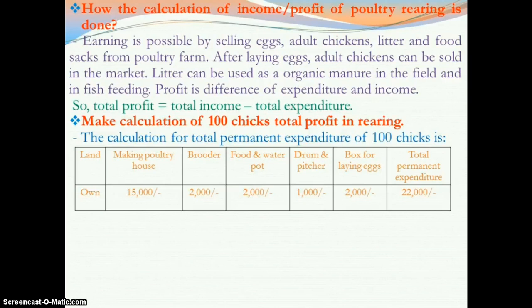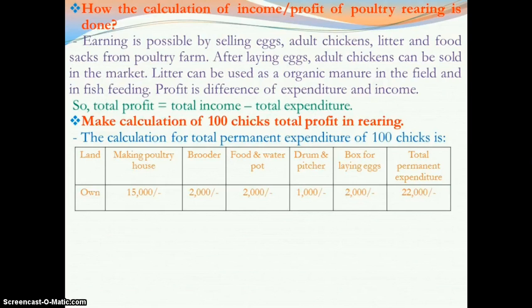Food and water pot for 100 chickens costs 2,000. Drum and pitcher for laying eggs is 1,000 taka, and box for laying eggs is 2,000. So this total permanent expenditure, if we add, is 22,000 without the cost of land, because we have thought that the farmhouse owner has his own land. So that is permanent expenditure.